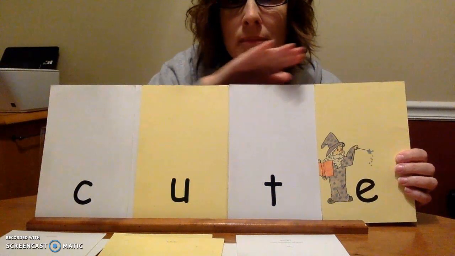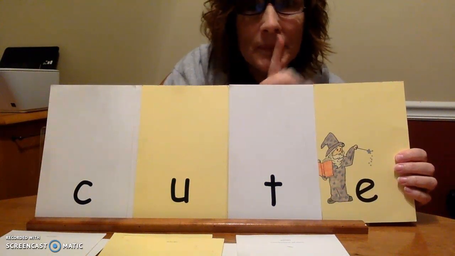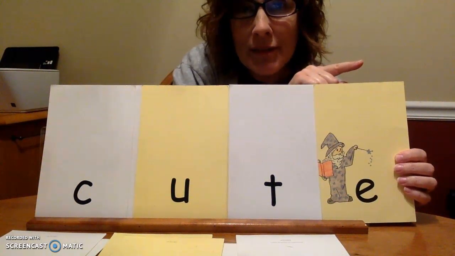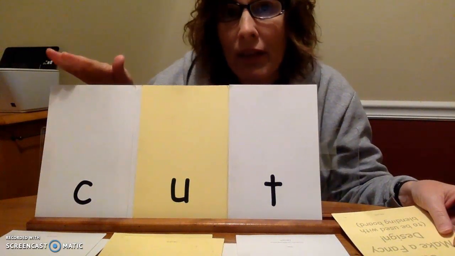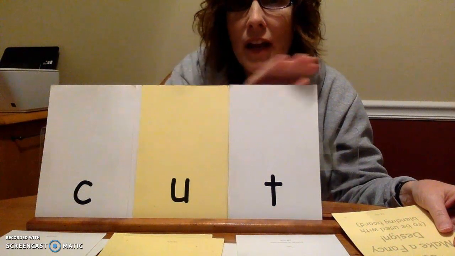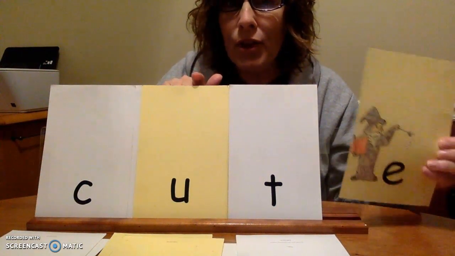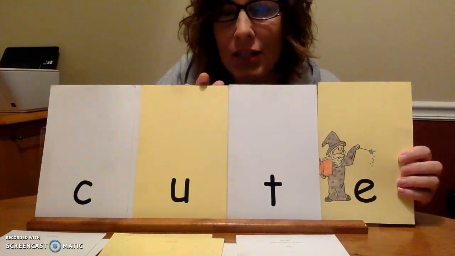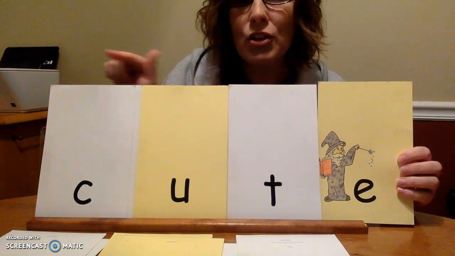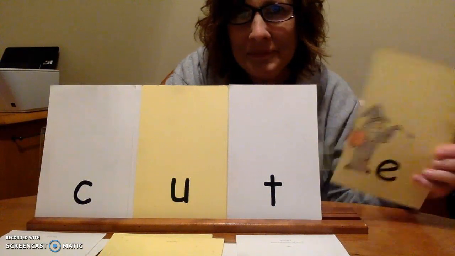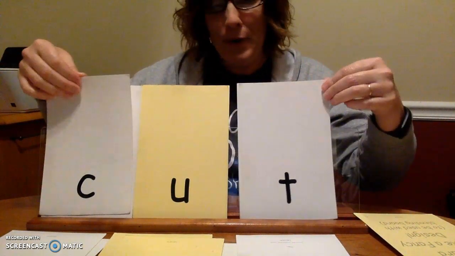Cute. Like that dog is so cute. So we started with cut, but now the U has all the power from the magic E so he can say his name. Cute. Let's try one more.